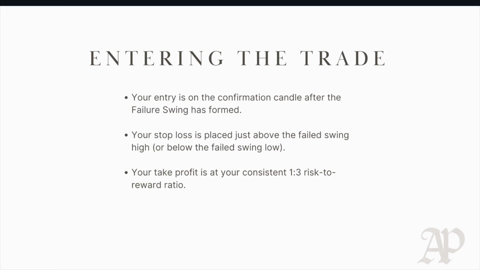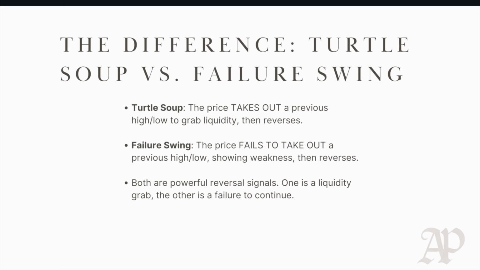And yeah, so what is the difference between turtle soup and a failure swing? Now this is the most important slide for tying everything together. So we have two powerful reversal signals. The turtle soup is a sign of aggressive strength.